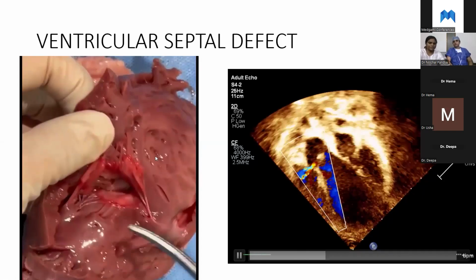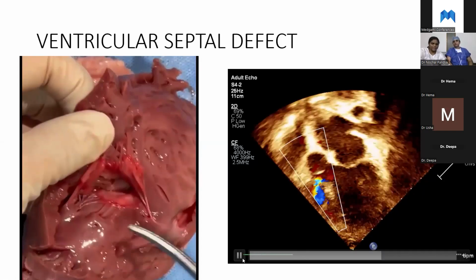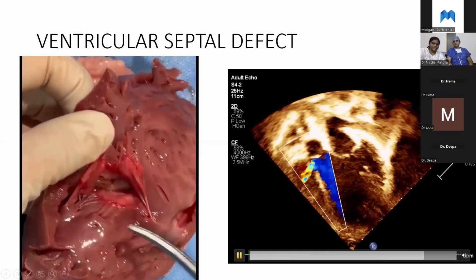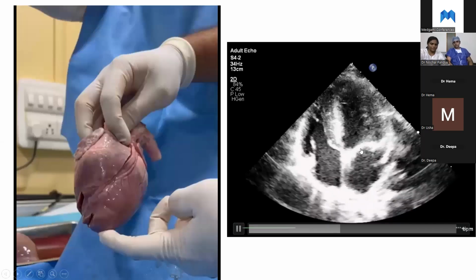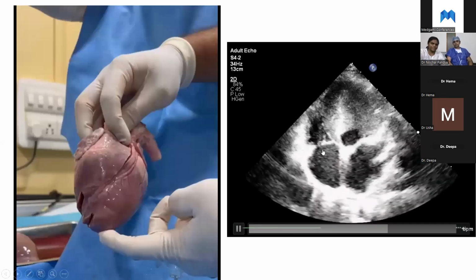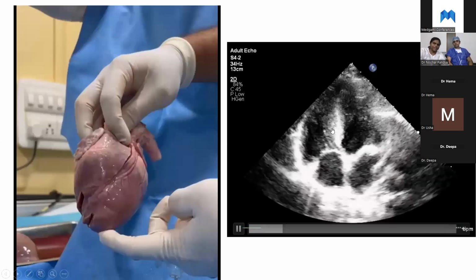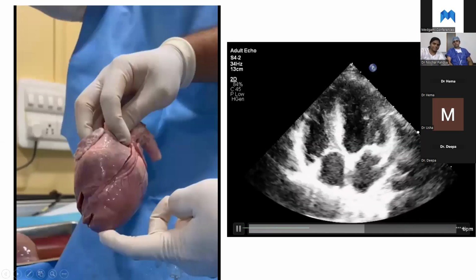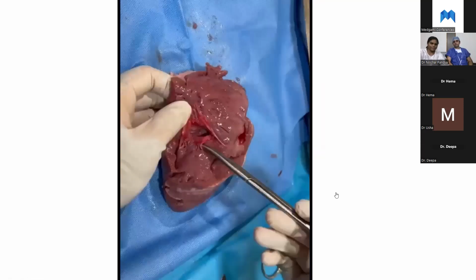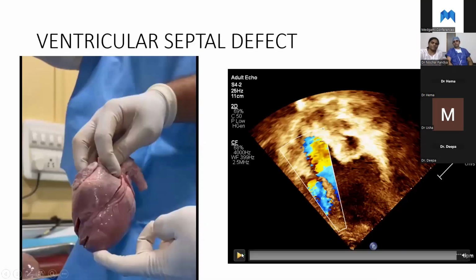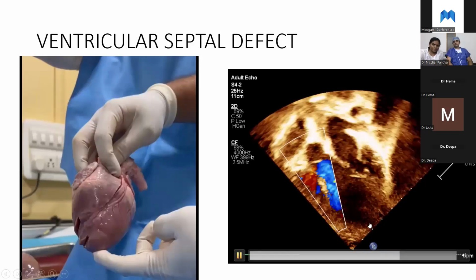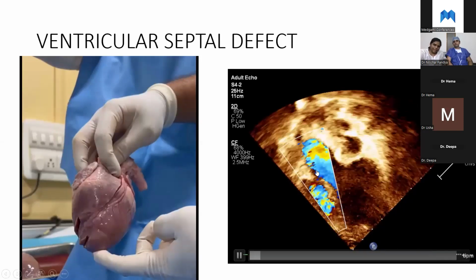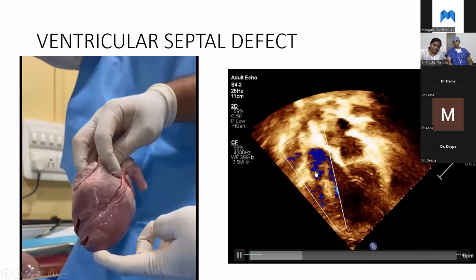So echo-wise, an inlet VSD is usually seen in the routine four-chamber view, where once the two atrioventricular valves are open, the VSD is usually situated in this region. A perimembranous VSD is usually seen with a slight anterior tilt of the probe, where once the aorta is opened with an apical five-chamber view, we can see a defect in the perimembranous region.